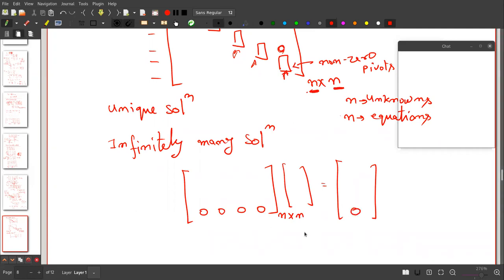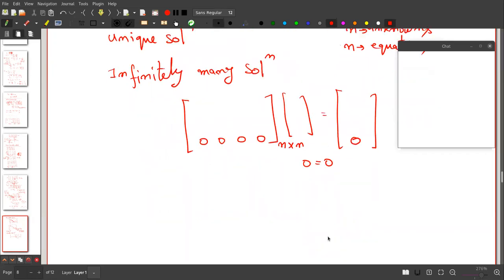So we see that 0 equals 0 we can form, but we cannot exactly solve it because there is a 0 on the pivot position.